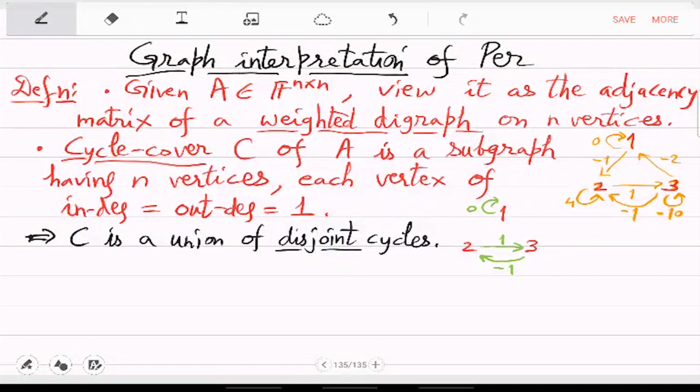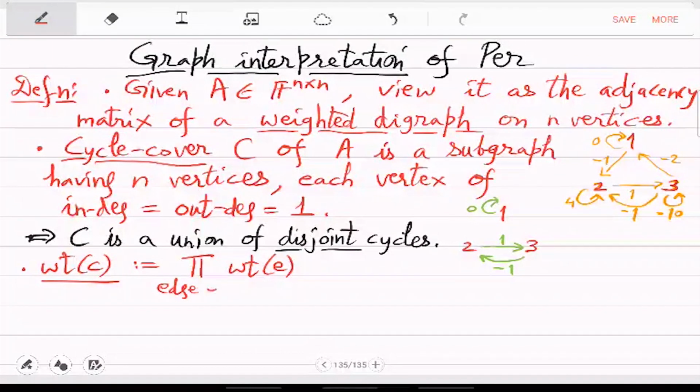And we define the weight of a cycle cover, this subgraph, as the product of the weight of the edges in the cycle cover.